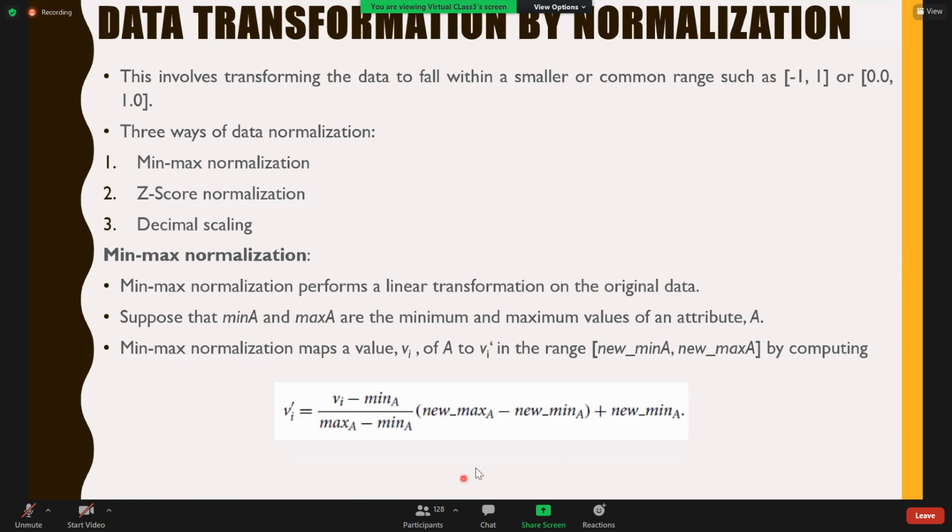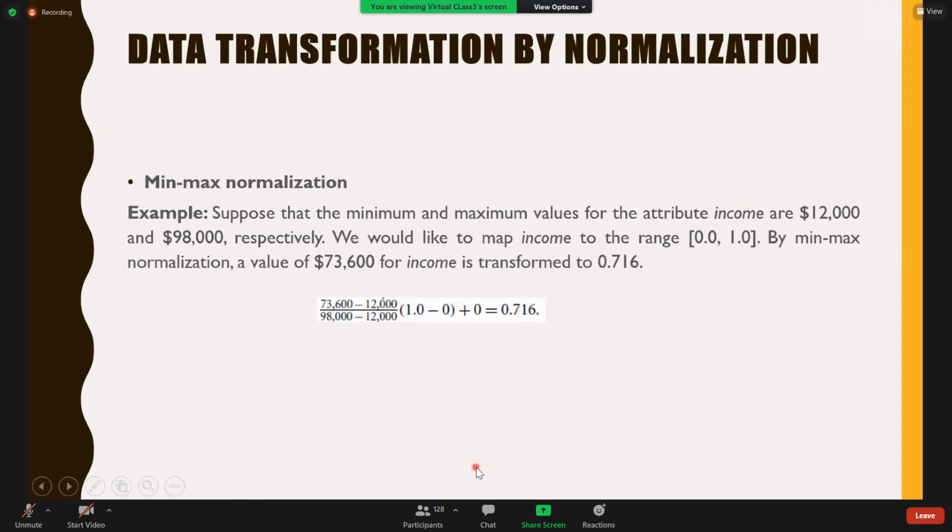Let's see an example. Here you have the income attribute. I have not listed all the income values directly. You are given the minimum and the maximum.